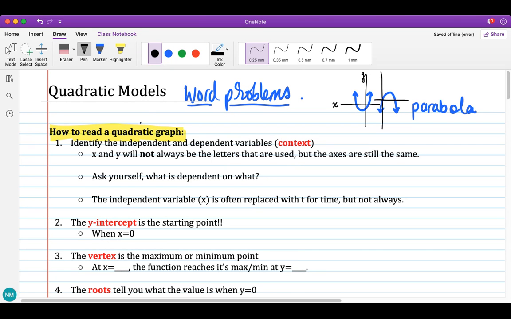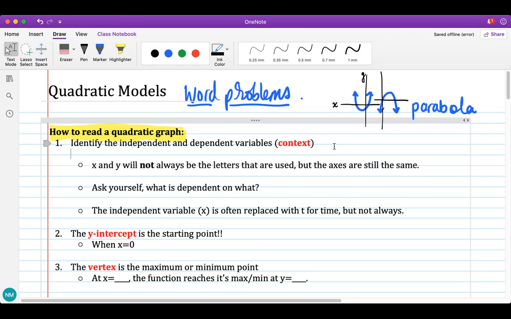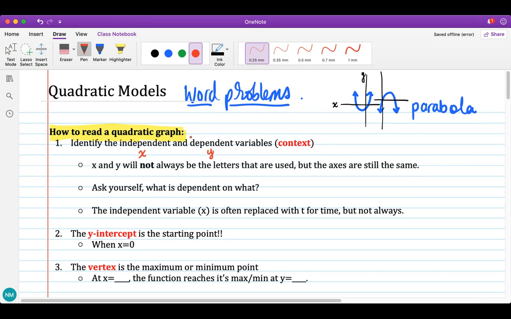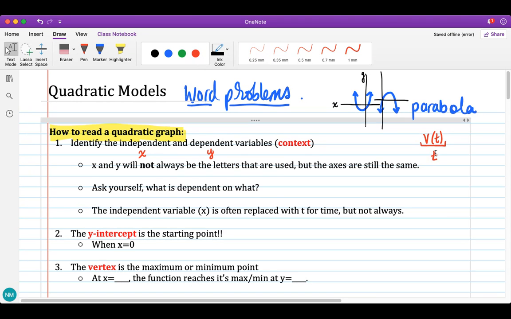So usually our independent variable is x, and this is y. However, we will not always be using the letters x and y. Sometimes we might have v of t, where v of t is my y and t is my x, right?